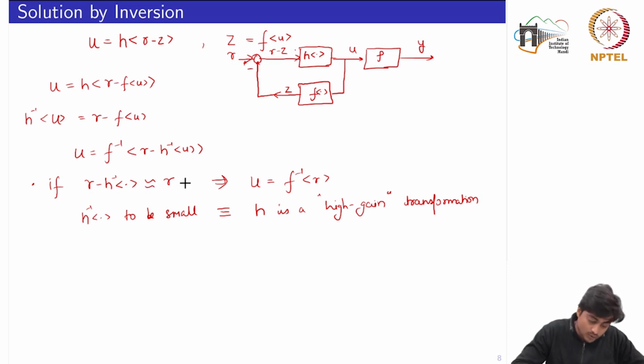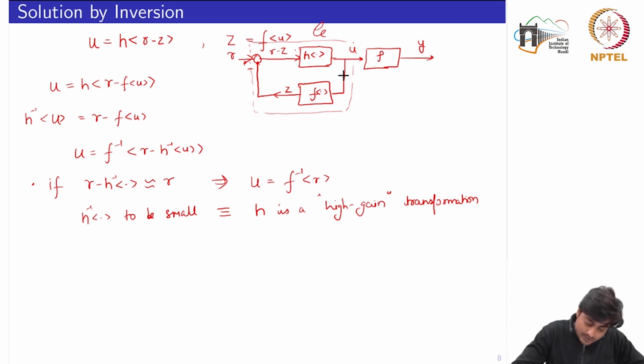So the important point to note here is that nowhere have we taken the inverse of the function for the controller, because this now becomes the controller. This is our controller and this is the plant. Now in the previous solution we had seen that to compute the control signal u, we need to explicitly take the inverse of this function f.